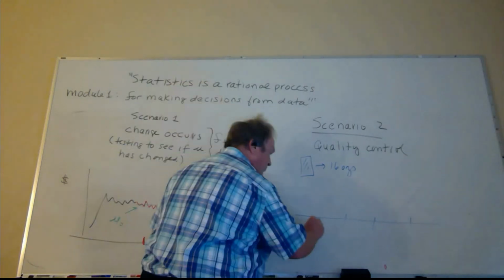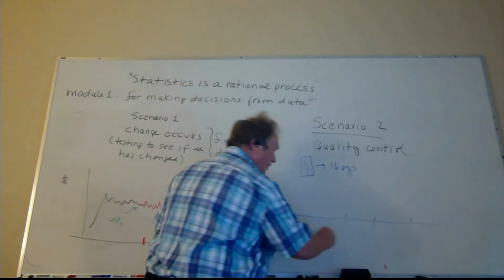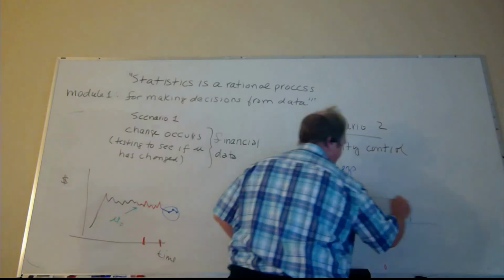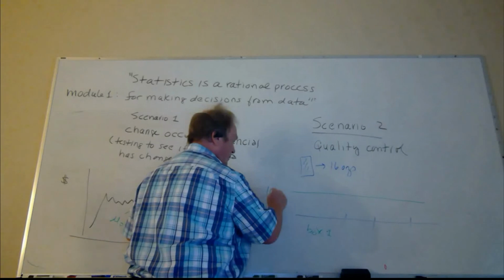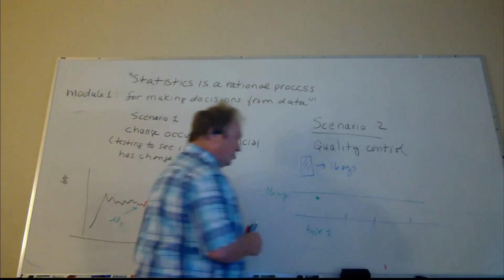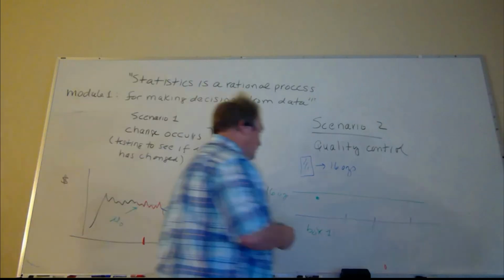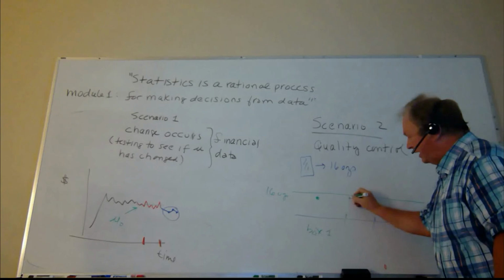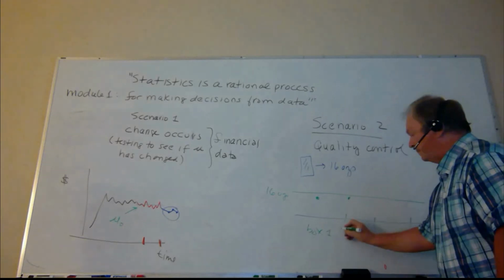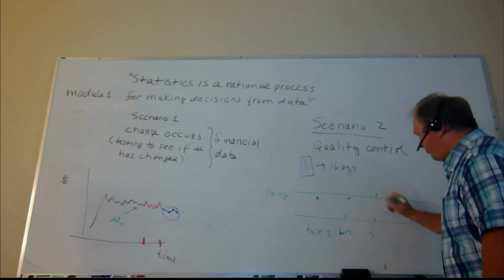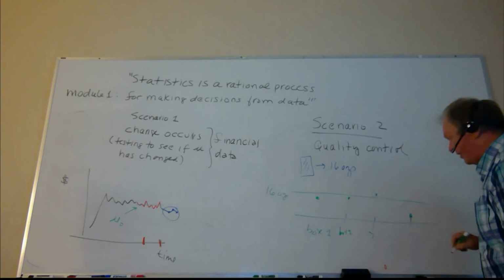So this is maybe box 1. Okay, I take it off the assembly line, dump out the contents, and say this is 16 ounces, and I get a value maybe down here. Okay? And then I take box 2 and weigh it, and maybe it's here. Box 3 is maybe here. Box 4 is way down here.